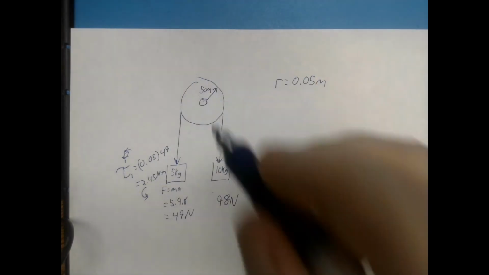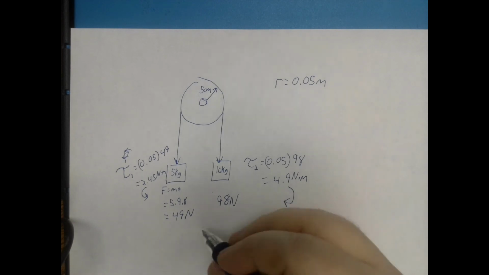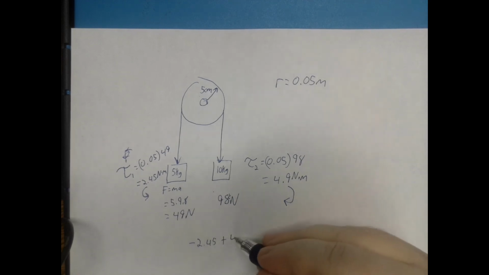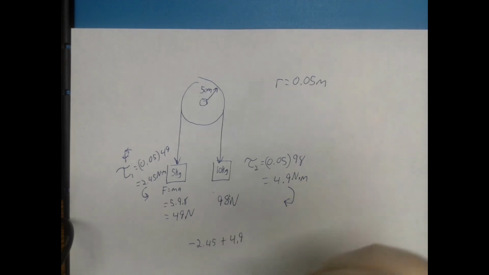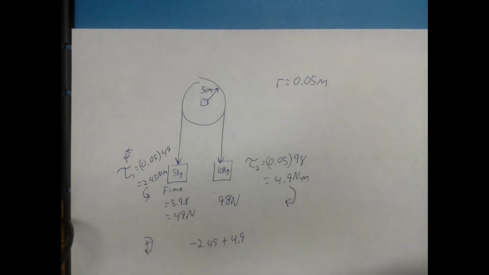So to figure out the total torque, we add these together. That would be negative 2.45 plus positive 4.9, and I'm assuming that my positive direction is clockwise.